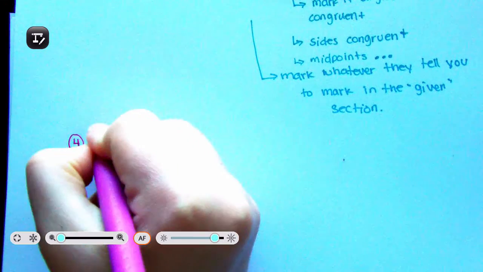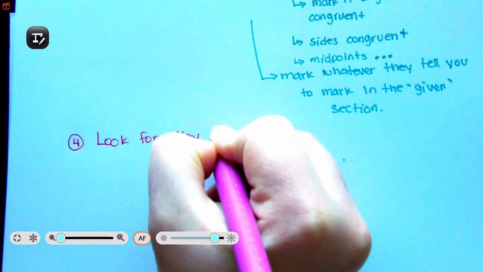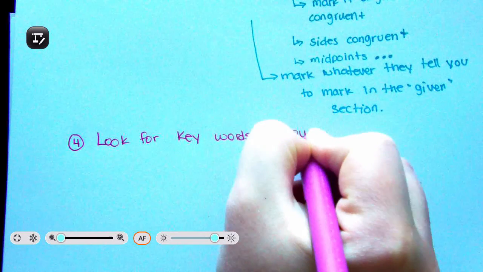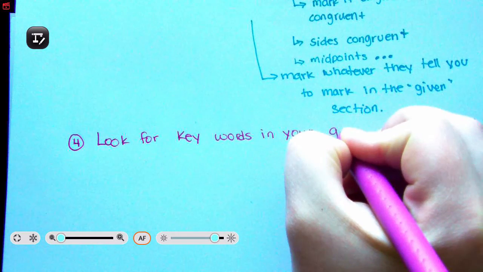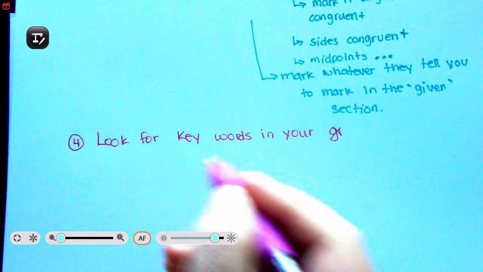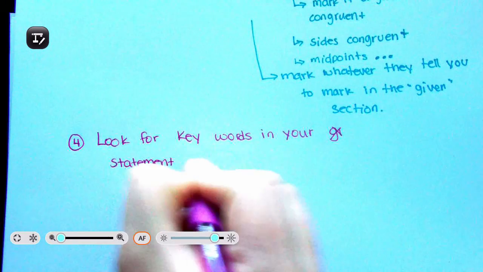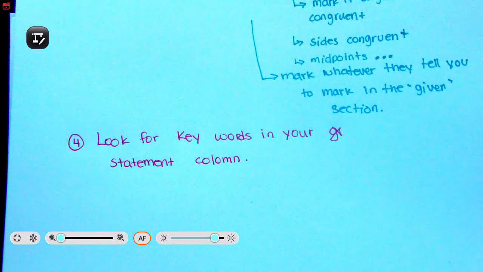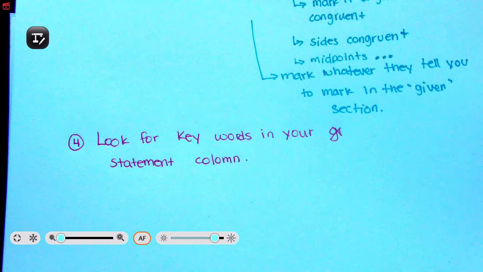And you're going to look for key words in your statement column. So these keywords will tell you why things are what they are.